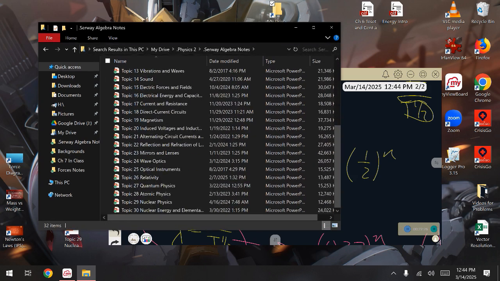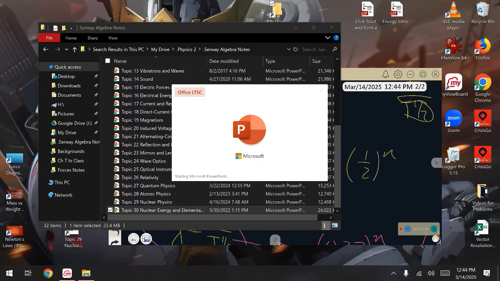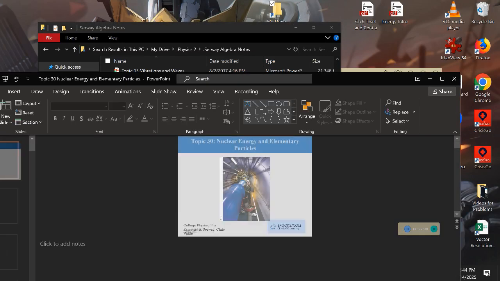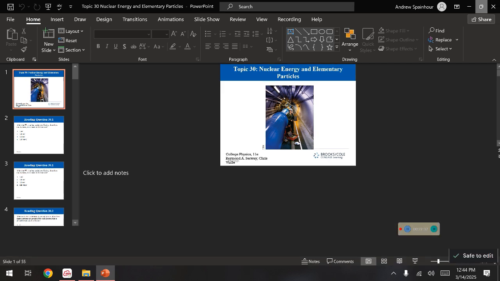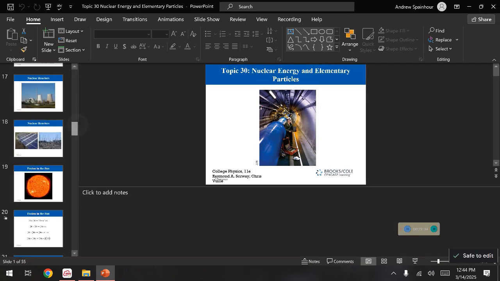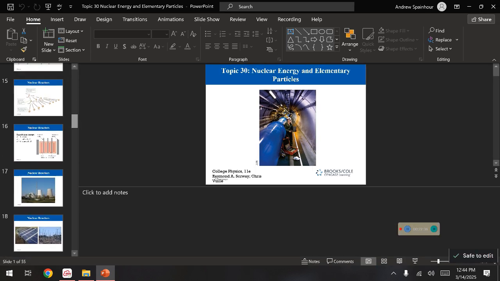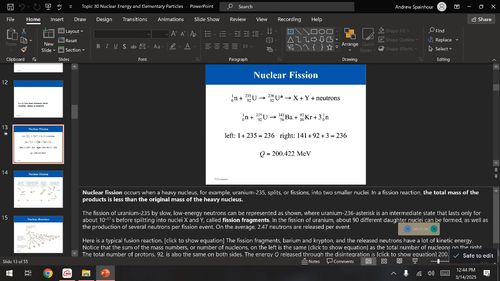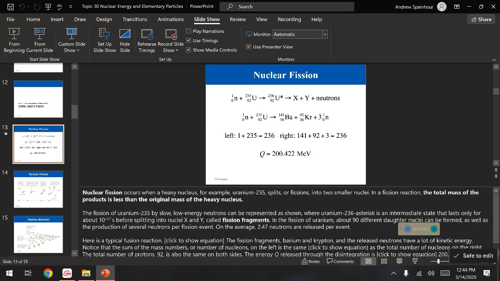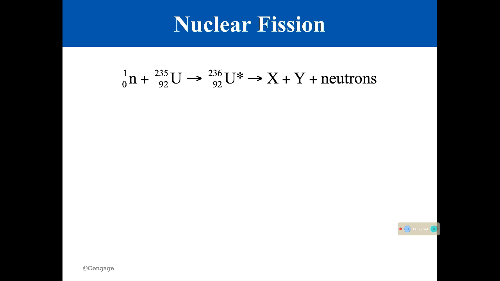All right, nuclear energy and elementary particles. The first part of this is continuing off of what we talked about yesterday, and that is Q values. In actuality, not all nuclear reactions involve a nuclear amount of energy.